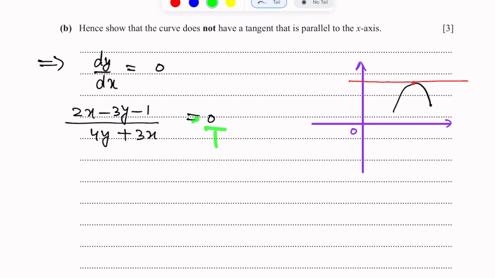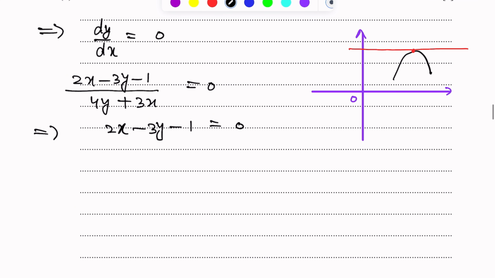By cross multiplying, this will be multiplied by 0 and becomes 0, and we get 2x minus 3y minus 1 is equal to 0. Now this is a straight line equation, so from here we can make y the subject.